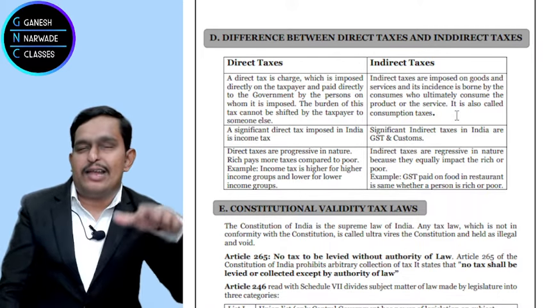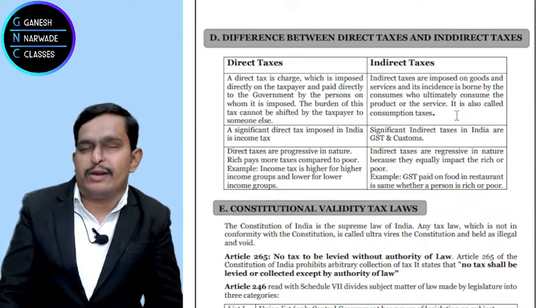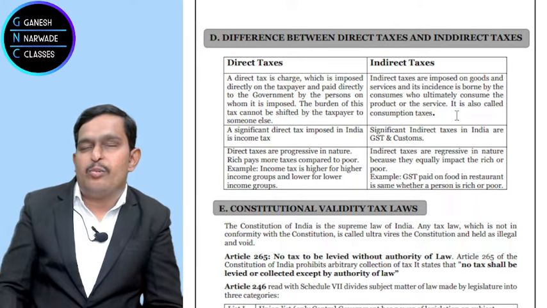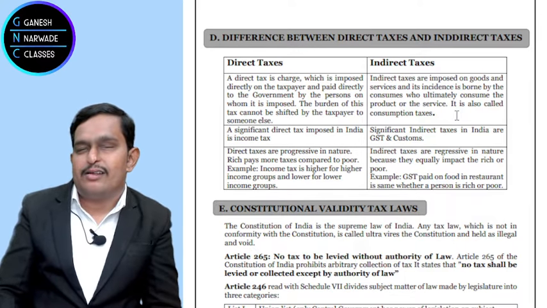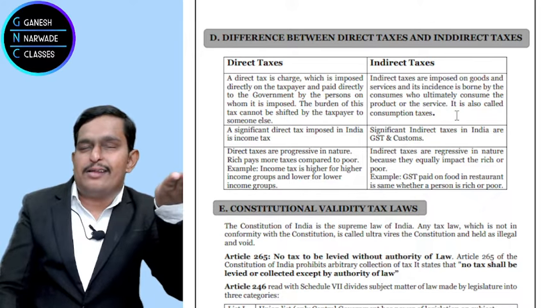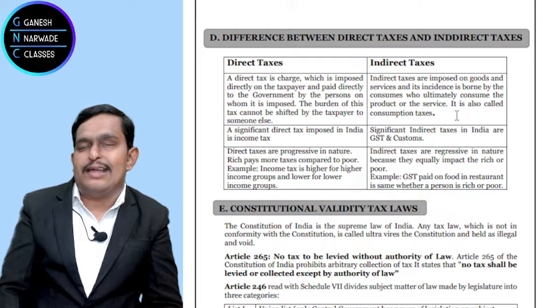But if your income slightly increases above that limit, then you pay nominal amount of 10% tax or 20% tax. If your income increases much more, then you may have to pay even 40% tax. So what did you understand? As your income increases, your taxes increase. This is direct tax.